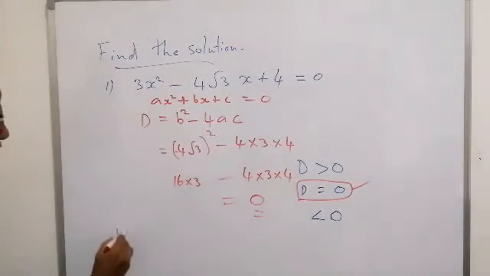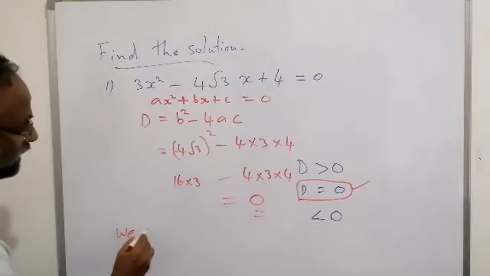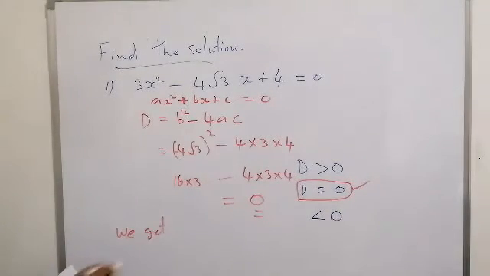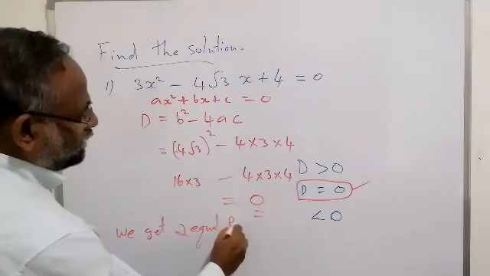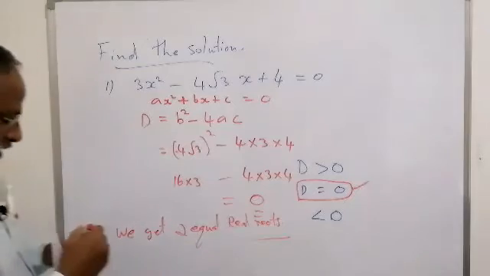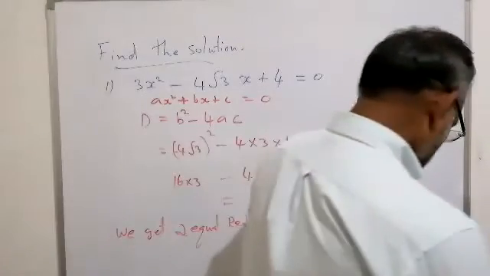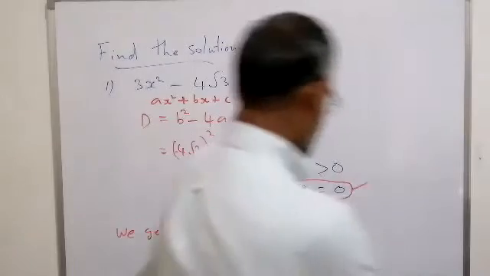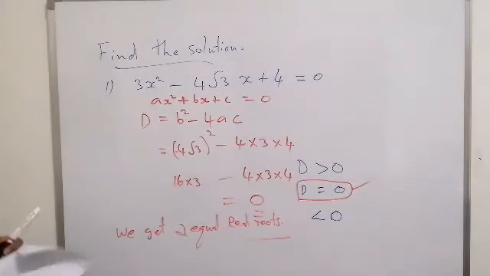We get two equal real roots. Now find out the real root. It is funny, it is interesting, very easy also. That is why I gave you two equal real roots. Now find out the real roots.